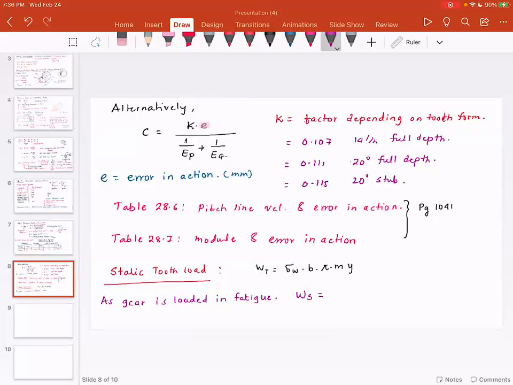In this equation, sigma W is replaced by sigma E, and all other parameters remain the same. The only difference is that sigma W in the Lewis form factor equation is replaced by the endurance strength.